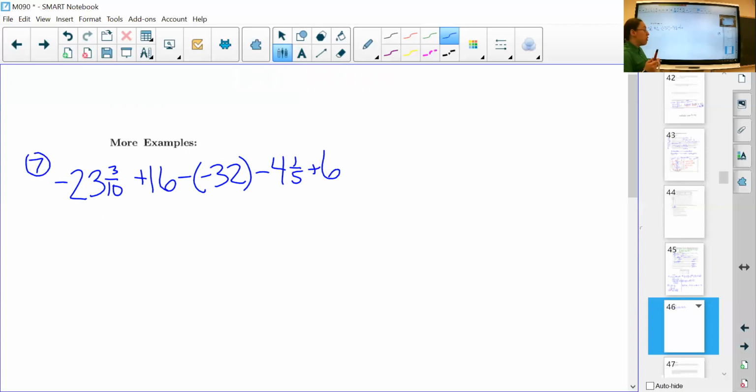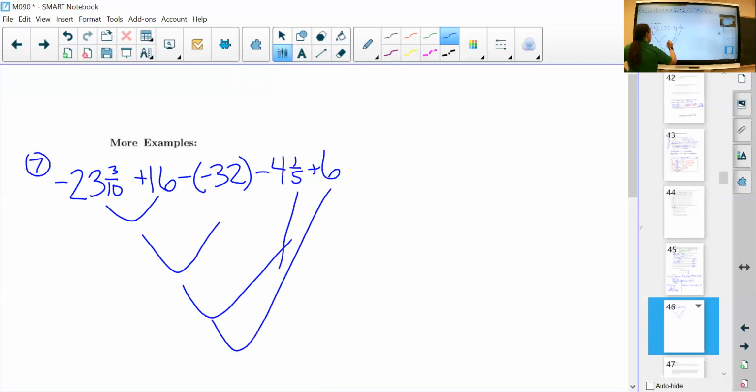We'll get into that more later on, but know that you need to work from left to right. If I add 6 and 4 1/5 first, and then subtract that sum, I will get the wrong answer. So the way I like to do it is just look at this pair, and then this, and then this, and then this.